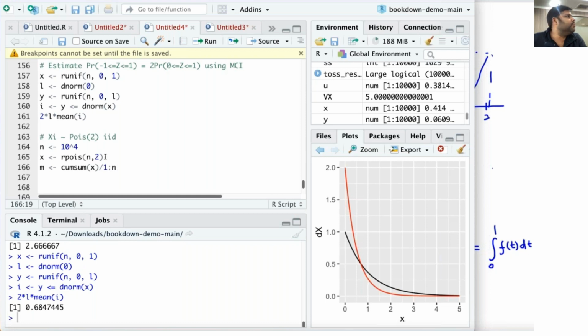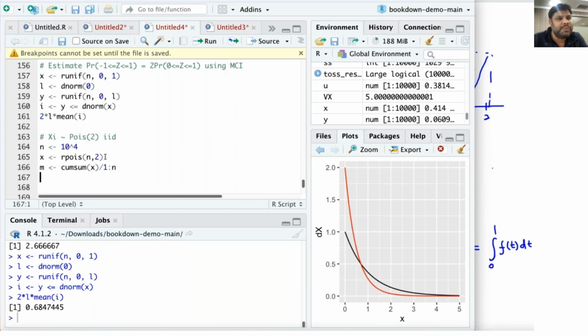Because 1 to n is your sample size, and the cumulative sum will give you the vector of sums, and then you just divide it by this. Now you can visualize m and 1 to n, with the sample size on the horizontal axis and the sequence of sample means on the vertical axis.